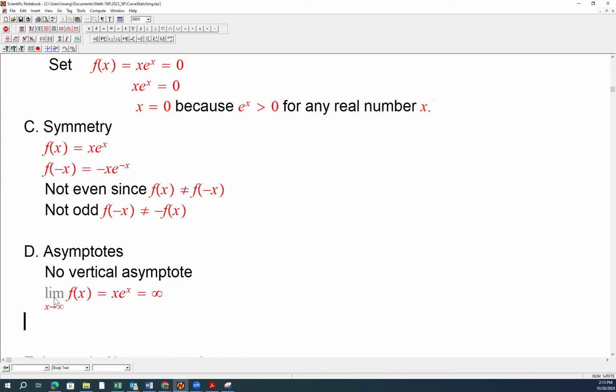How about when x is approaching negative infinity? I should put the limit over here. Okay, so that limit should be there.